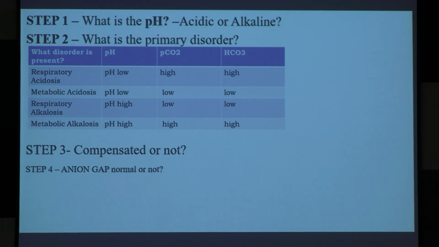There is just a simple equation: if the pH, PCO2 and bicarbonate move in a single direction, that means the primary component is metabolic. Understood?